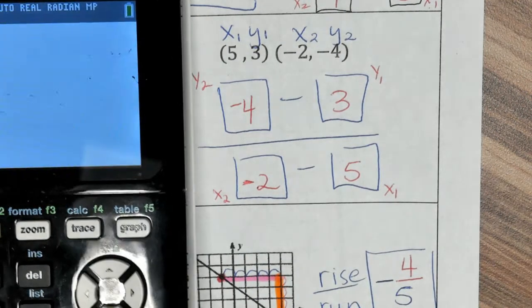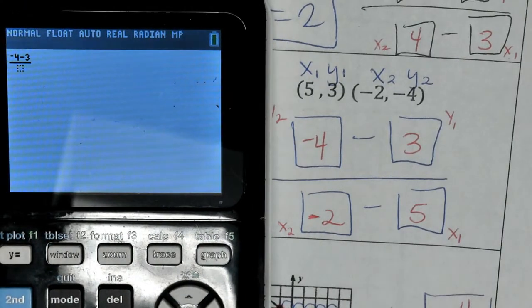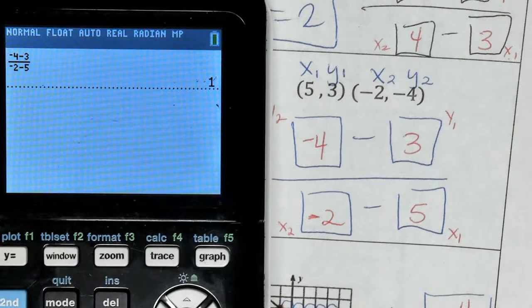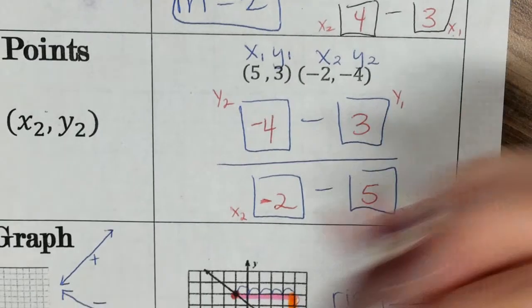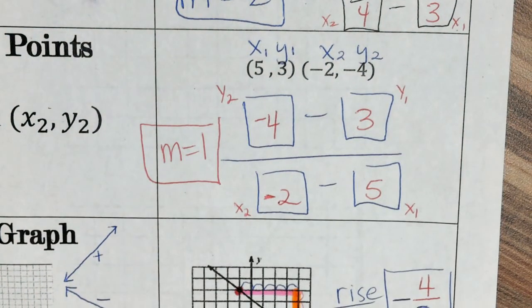So I have -4 minus 3 up top, and -2 minus 5 on bottom. And my answer is, and that's it. My m equals what? Any questions on the slope formula?